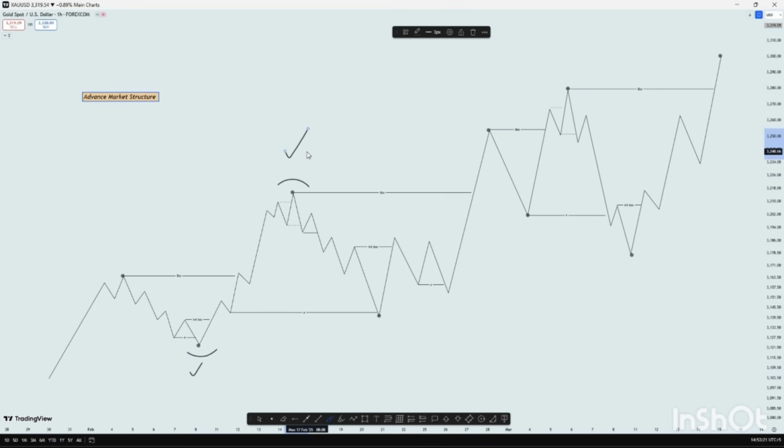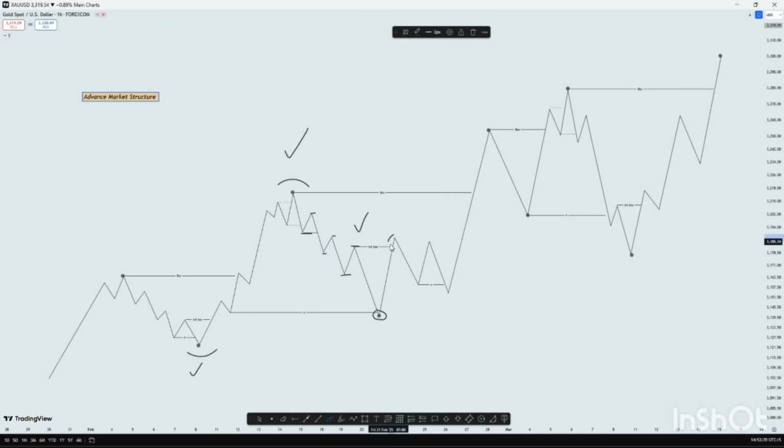Like when the market pulls back, it sweeps a liquidity point and makes an internal high break. Just like the internal structure was running, the internal structure was also running during the pullback.